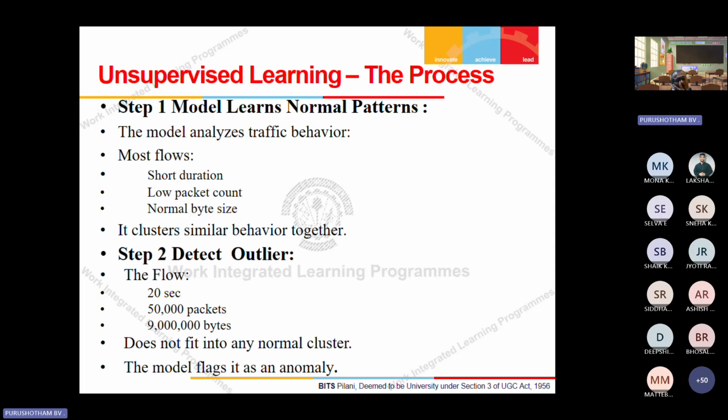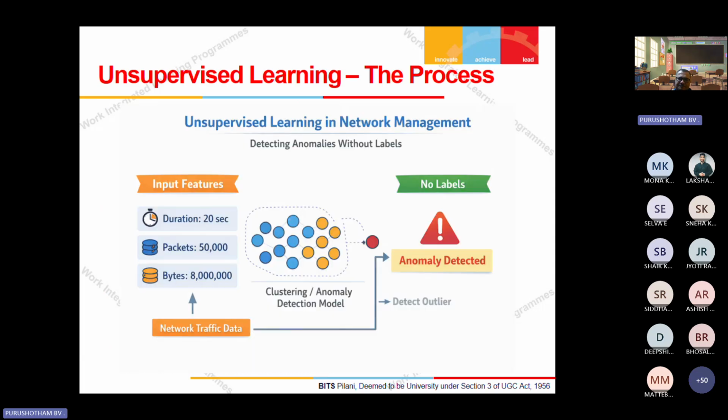It clusters similar behavior together. Then step two is to detect the outlier. A flow of around 20 seconds, 50,000 packets, which is as good as 9 million bytes, cannot fit into the normal cluster. The model flags it as an anomaly.